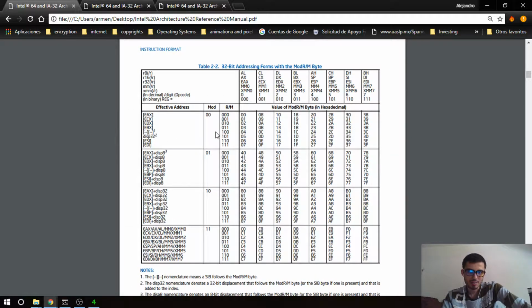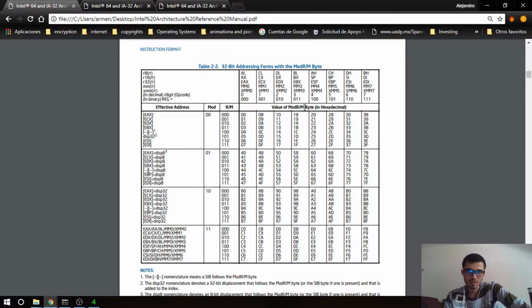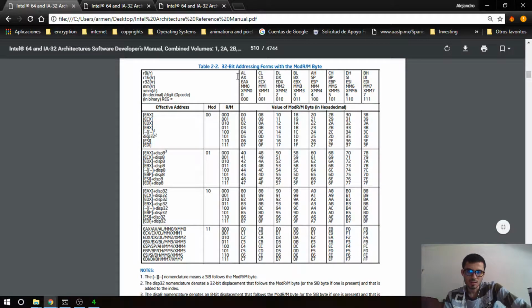So let's see what happens in 32-bit mode. We have for register opcode the same data, the same.